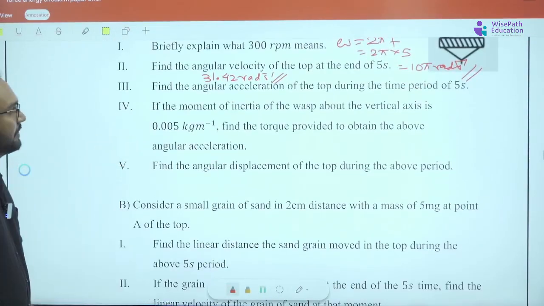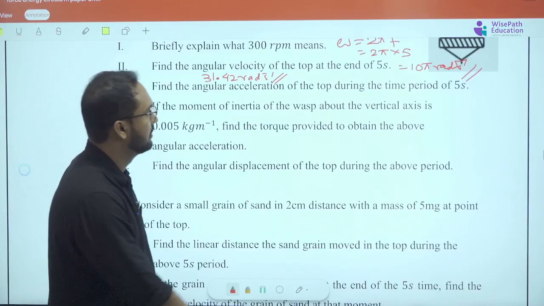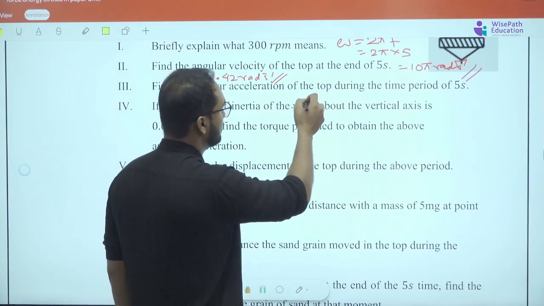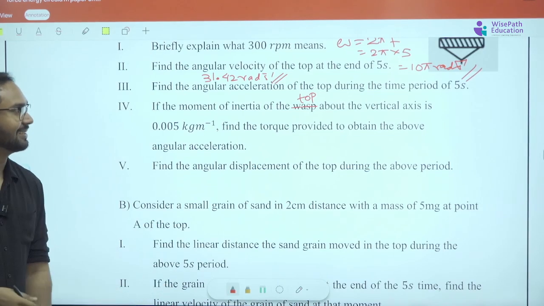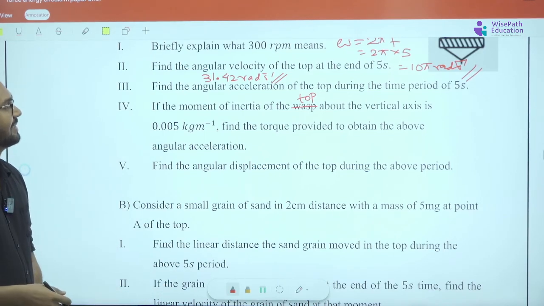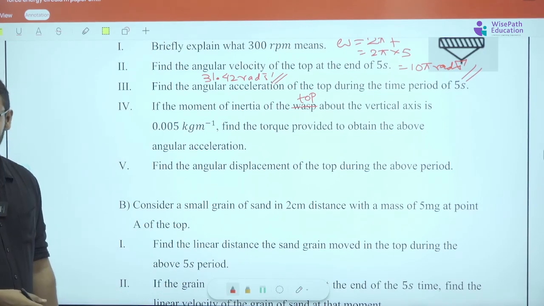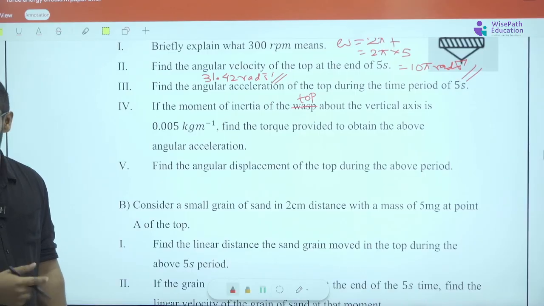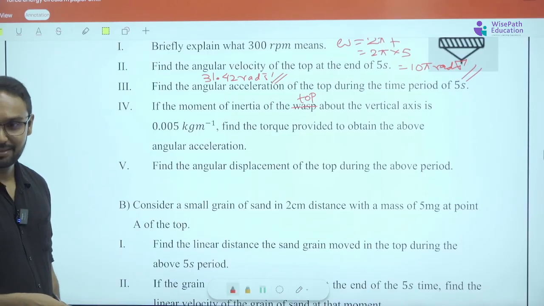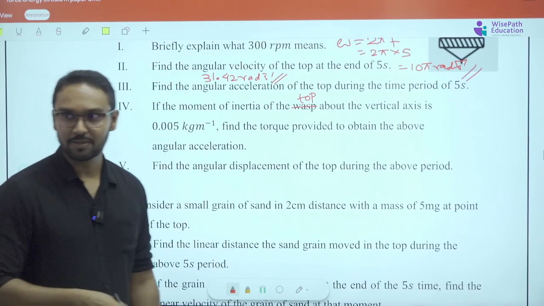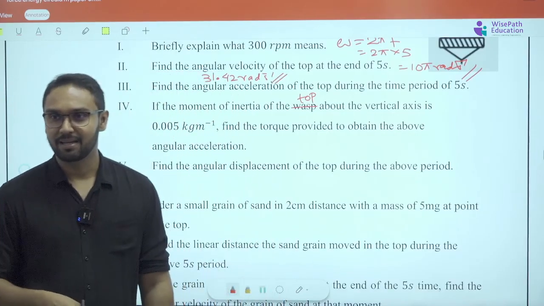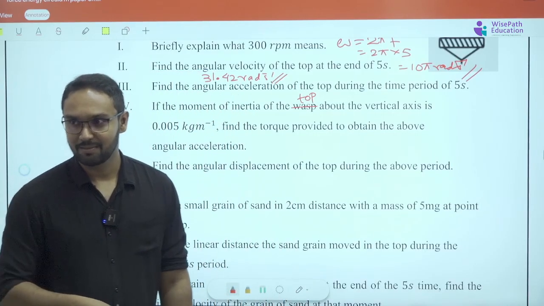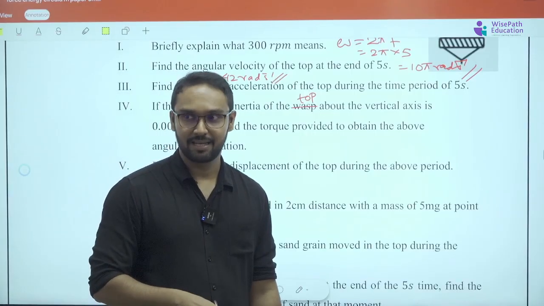If the moment of inertia of this should be the top. WASP is one of the, not a WASP. What is WASP? WASP was there in the syllabus, it was removed. We have the B, not the WASP. B is there.